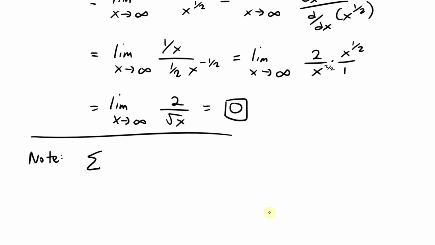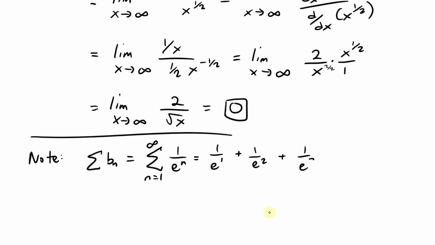that the summation bn is just equal to the summation from n equals 1 to infinity of 1 over e to the n. And then if you sum these up, the first term is going to be 1 over e to the 1, plus 1 over e to the 2, plus 1 over e to the 3, plus dot dot dot.